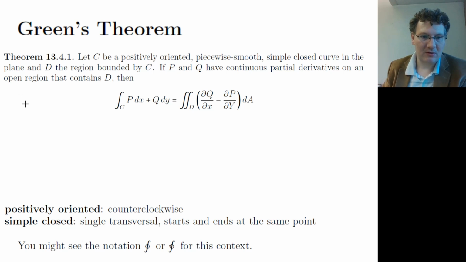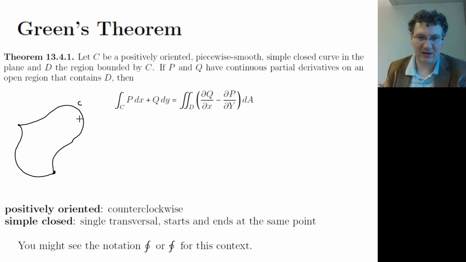Okay, so here's the idea. This is what it means for it to be piecewise smooth: even if it has some corners, that's okay, as long as you can chop it into a couple of pieces where it's smooth.